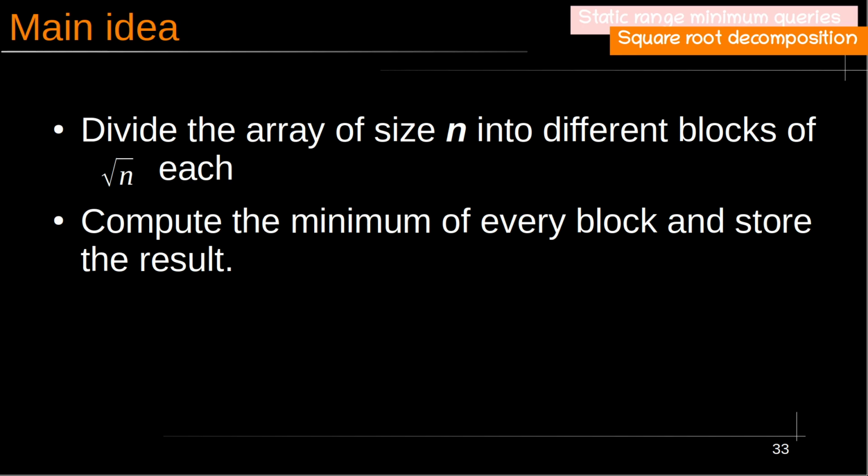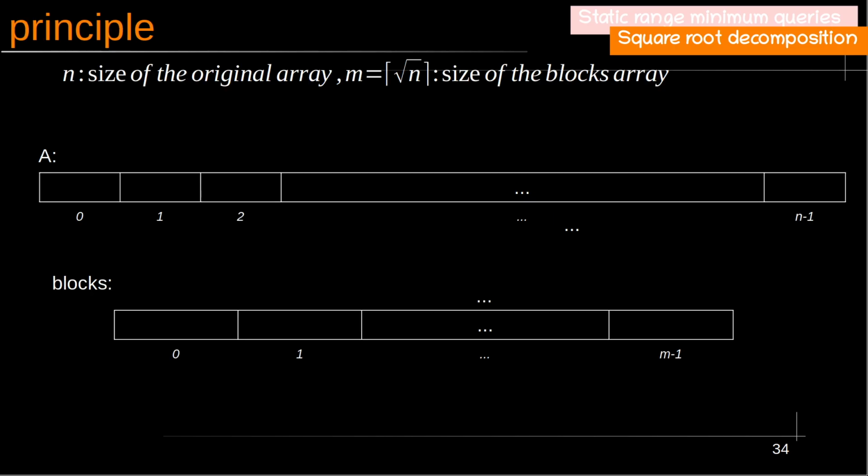The main idea of the square root decomposition is to divide the original array of size n into different blocks of size square root of n each. Then we compute the minimum of every block and store the result. If n is the size of the original array, we compute m, the ceiling of square root of n, which is the size of the blocks array.